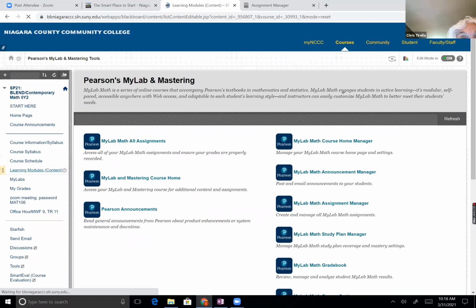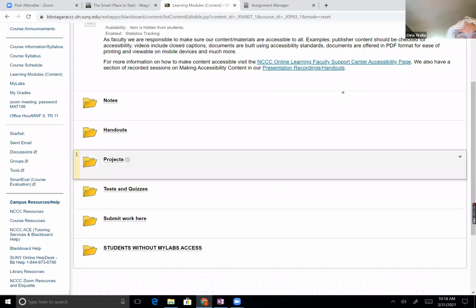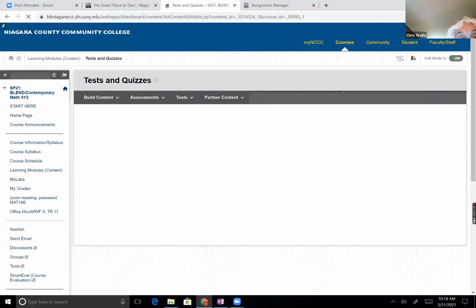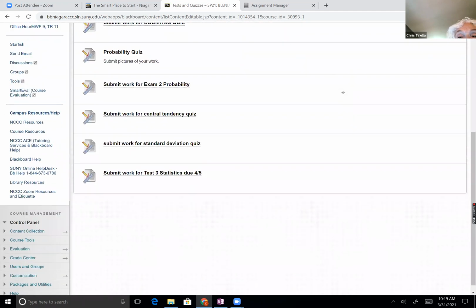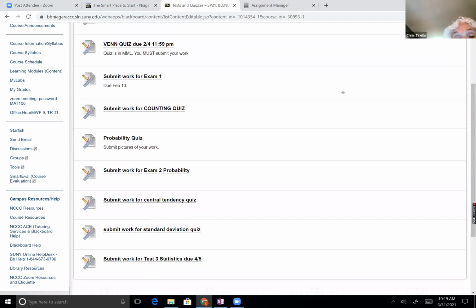For the test, I do believe that I put in, if I didn't put in, I will put it in before the end of the day, the equivalent of a formula sheet. No, it's not in there yet. I will add that later today and send it to you. Let me show you what it is.